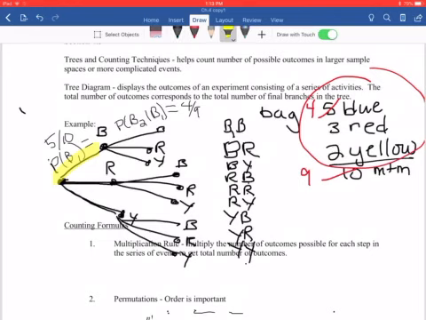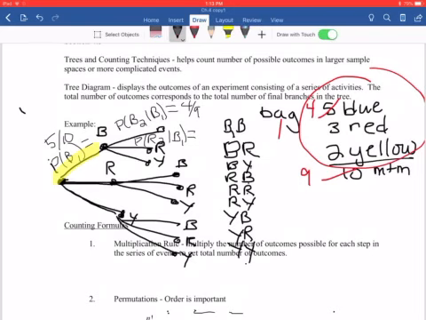Now I can calculate the same thing for these other branches here. So for the second one, if I want the probability of getting red on the second draw given blue on the first draw, we drew out a blue on the first draw. So now I want to know the probability of getting a red in the same situation.